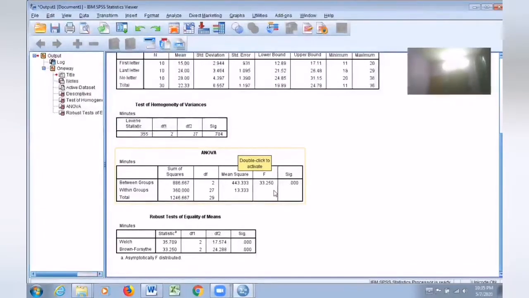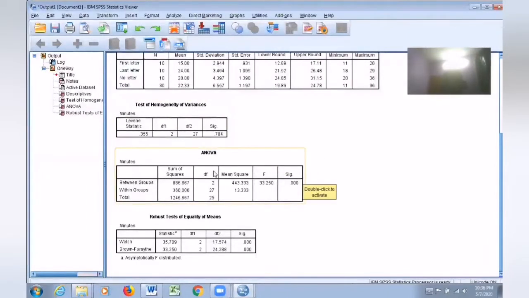Instead, come a bit down, and you have to look at the results under the Welch test and the Brown-Forsythe test. So these tests are to be considered when the data is not fulfilling the assumption of homogeneity of variance. But luckily in our case, the data assumes homogeneity of variance. So I can go ahead with the ANOVA test.